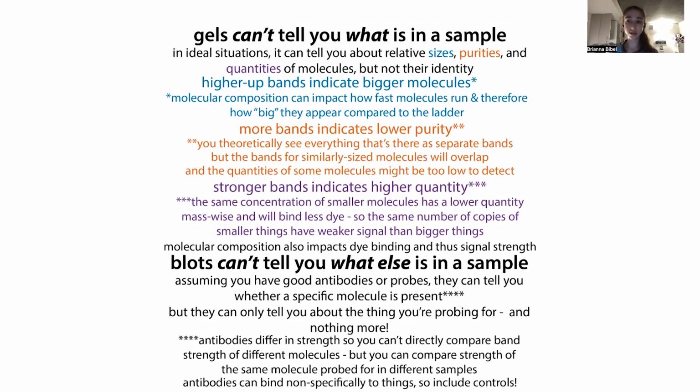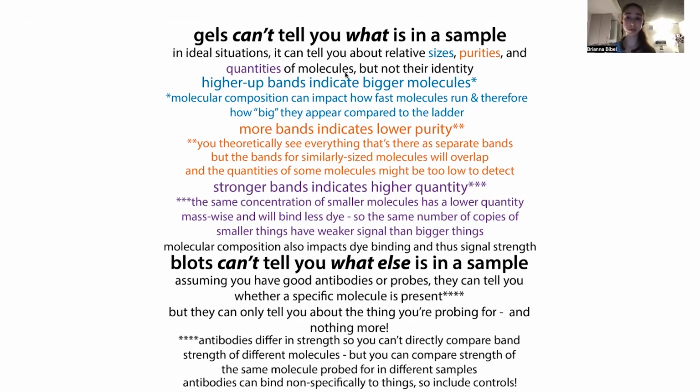Sometimes these stainings aren't compatible with the blotting, so you can run the gels separately and stain them separately, or you can use some sort of reversible stain, such as Ponceau stain on your membrane before you actually do the blotting step. So I hope that helped you understand the pluses and minuses of these different methods, as well as some of the caveats.